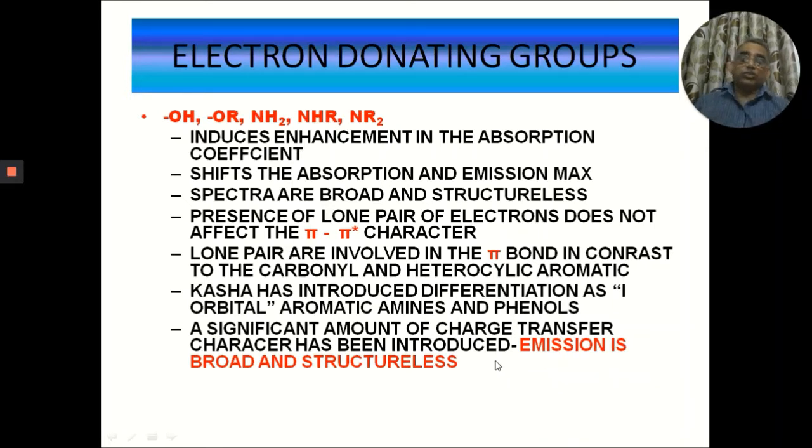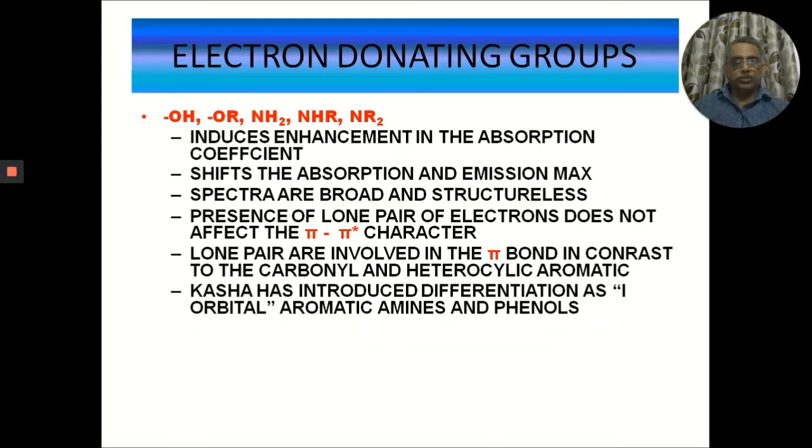Because of the presence of charge transfer, or the charge flow from the lone pair of electrons present in the donors, oxygen and the OH group, OR group, NH2 groups, NHR and NR2 groups, that really gives them the broad band and structureless features of the emission and absorption peaks.